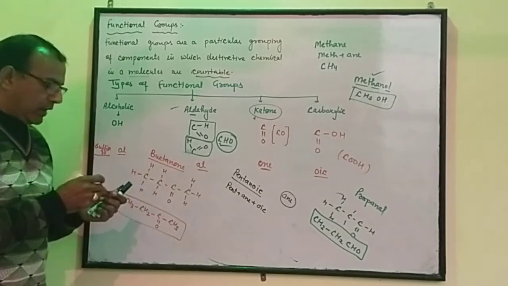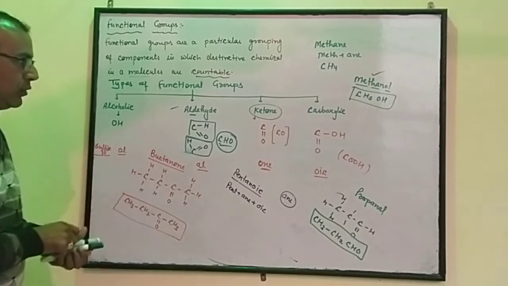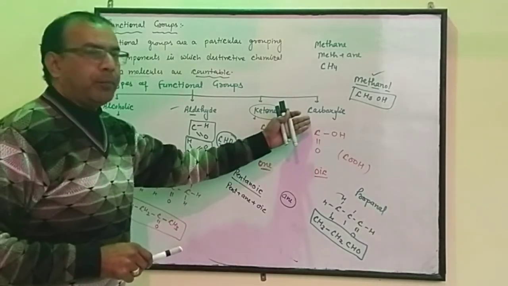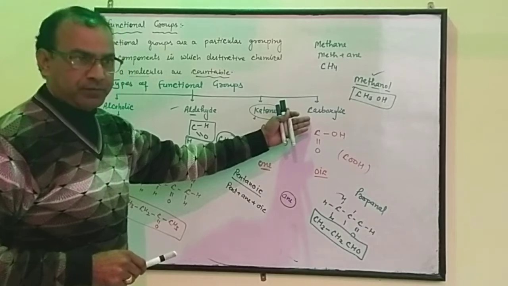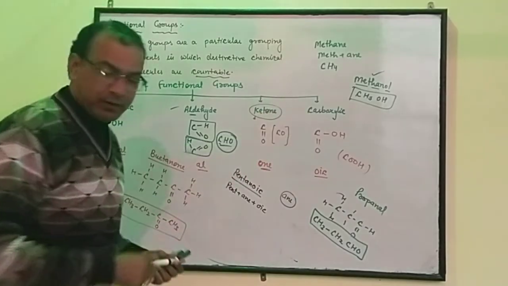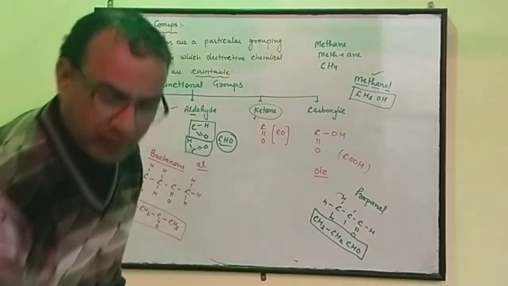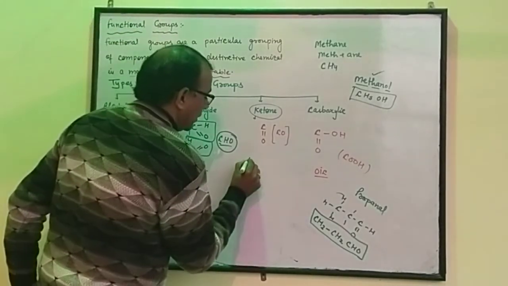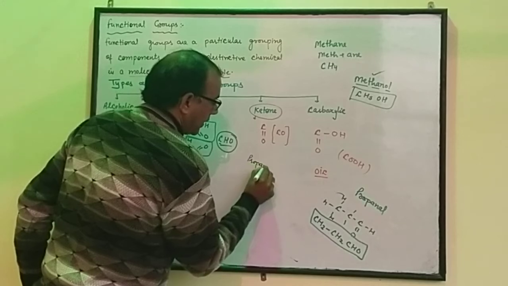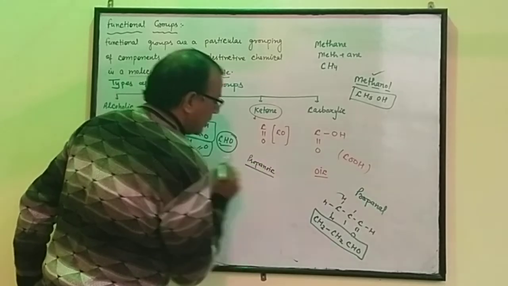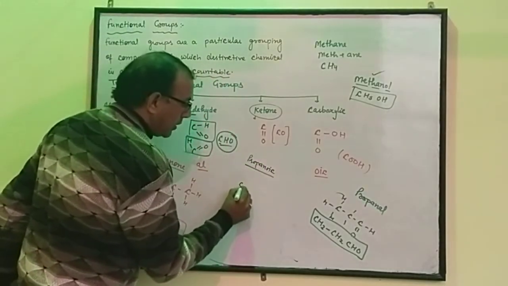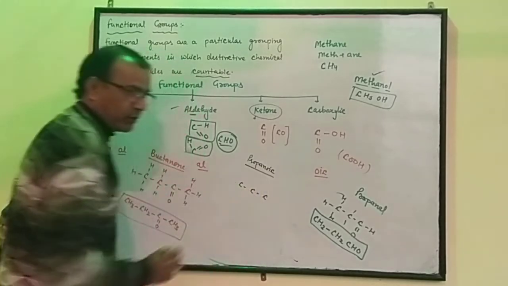Again, draw one more chemical compound of this functional group, such like propanoic. What is propanoic? How can we draw the chemical formula of propanoic? Prop, carbon number 3. There are 3 carbon molecules.